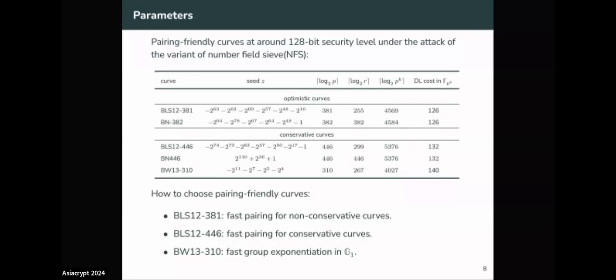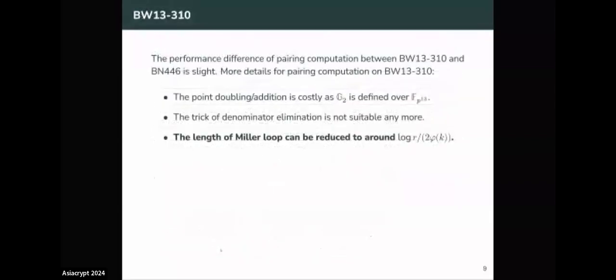In some cases, pairing friendly curves with fast operation in G1 are also attractive, and in these cases, you can choose BW13-310. In fact, the performance of pairing computation on the BW13-310 is also efficient. Here we list some advantages and disadvantages of pairing computation on this curve.